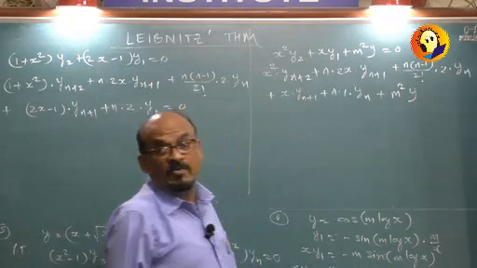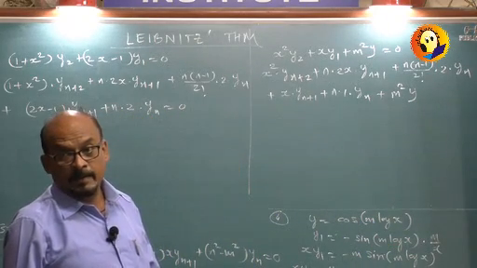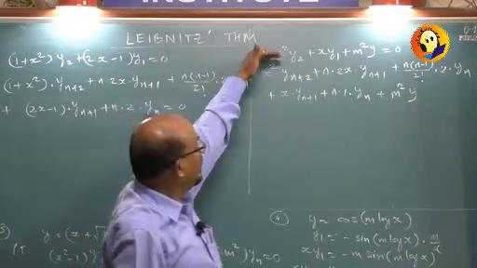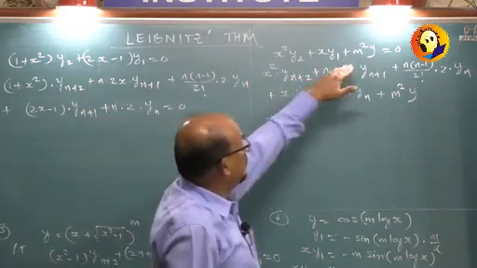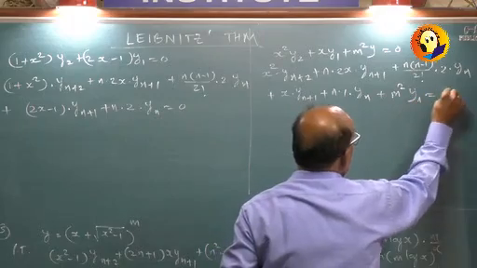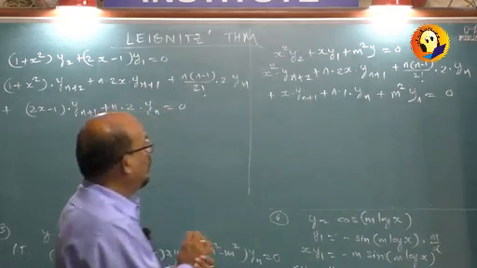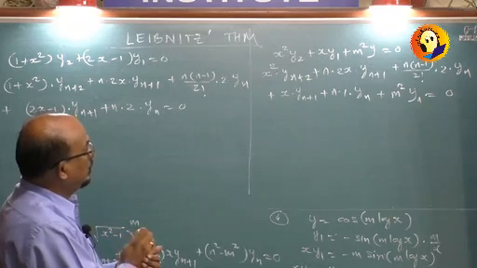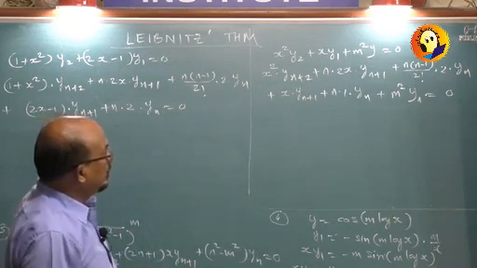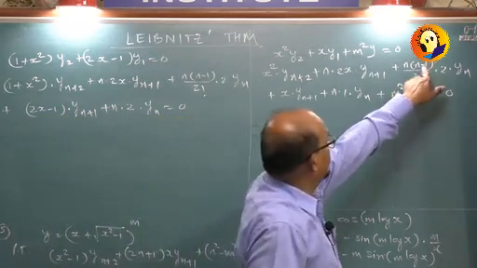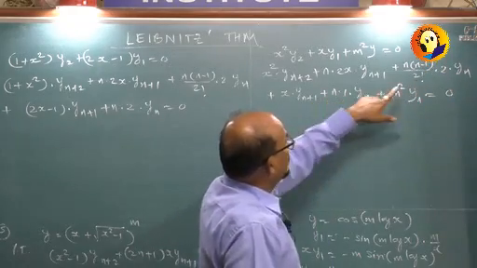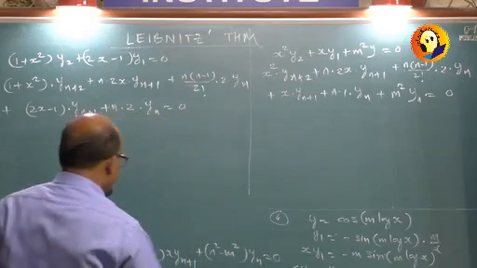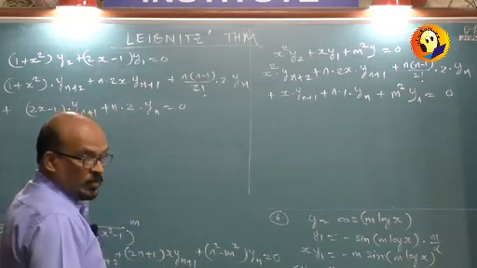What is nth derivative of y? We are taking nth derivative from here, right? So m square is constant, nth derivative of y is yn. So I suppose this 2 cancels, this minus nyn will cancel with this, and what will remain is n square plus m square yn. Right. Now I have to follow this policy, right?